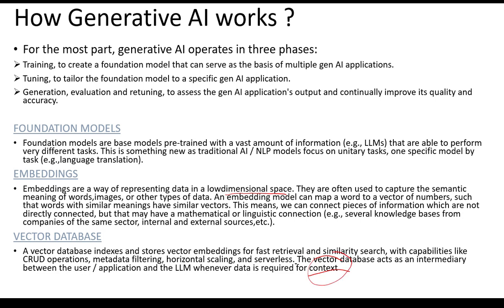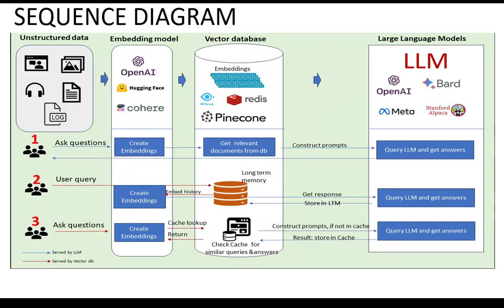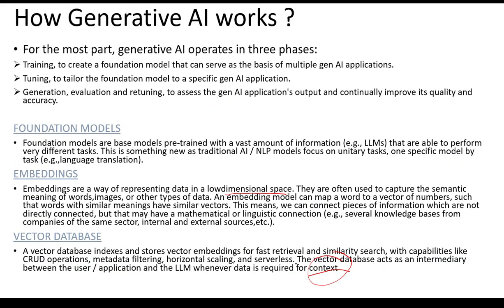So we have many vector databases in the market like Pinecone, Redis and so on. So it's quite a useful database or technology which helps in Gen AI. Okay.